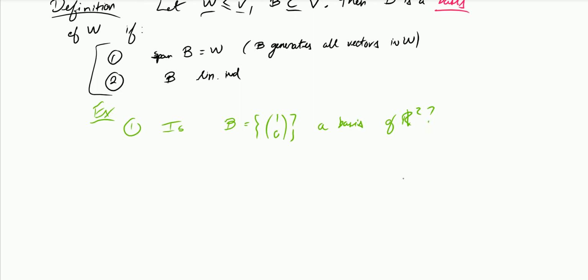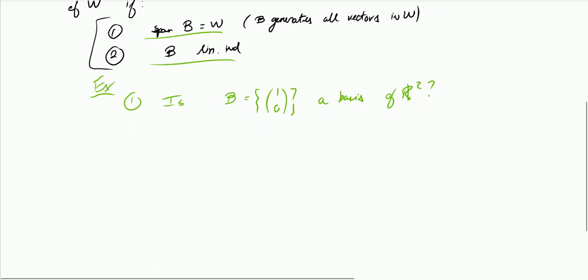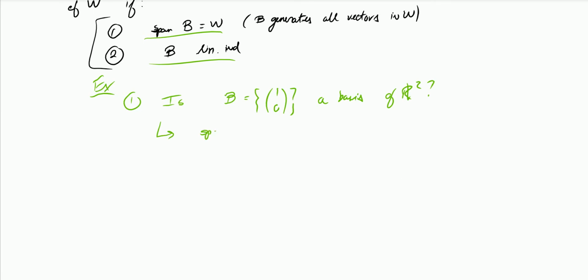We need to check that span B equals W and B is linearly independent. Okay, so let's start with span. So does span B equal W? Or in this case, does span B equal R2?